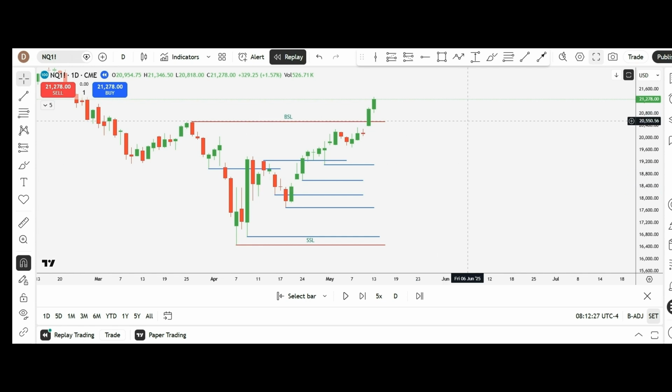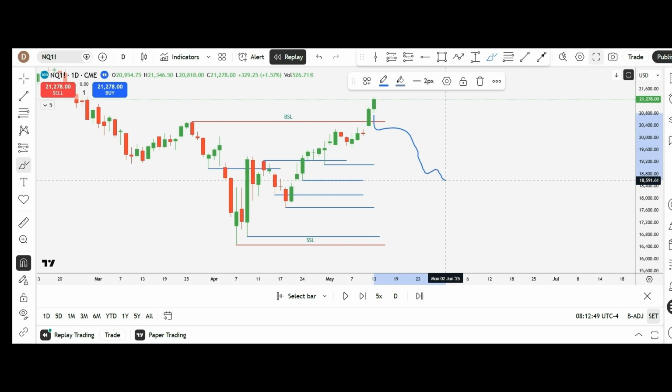If we had got a reaction whereby the price was taking this liquidity and getting back into the range, that would have increased the probability that the price is not yet willing or ready to go up, but rather to go down to the other side of the range.